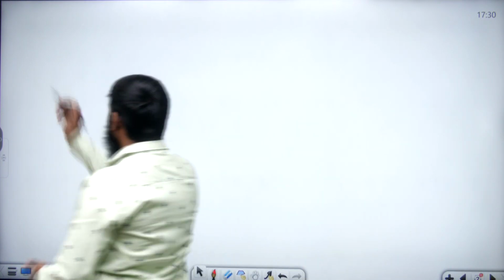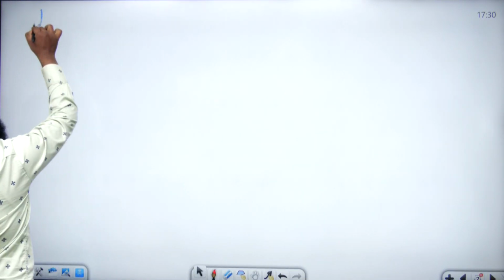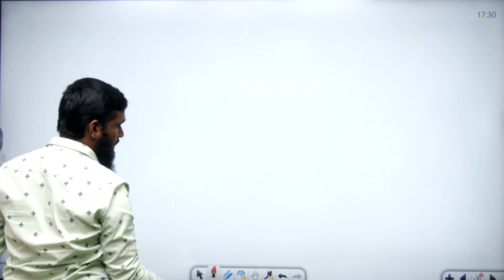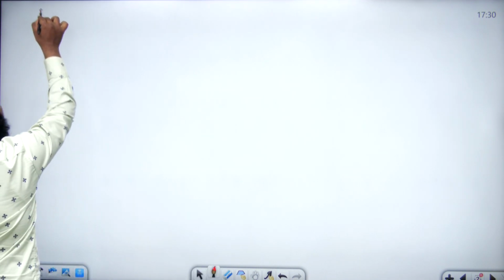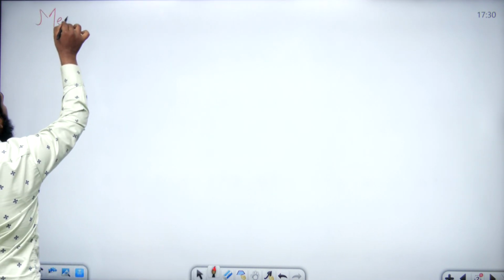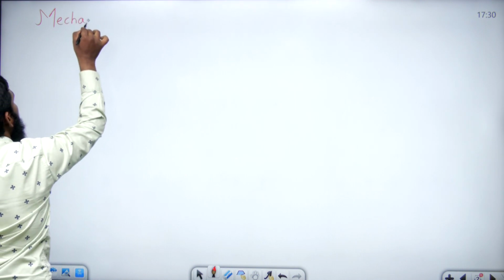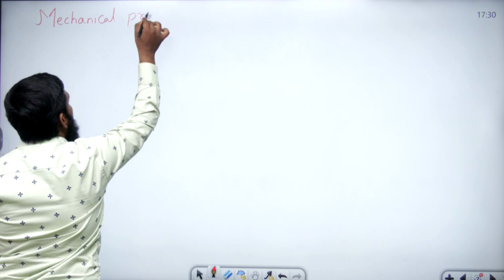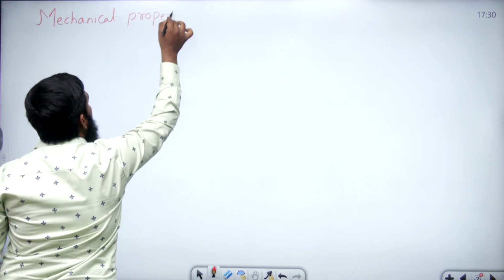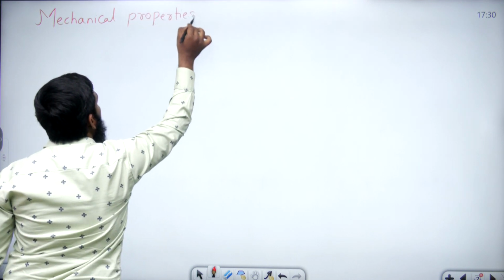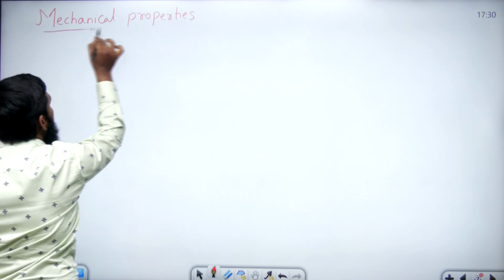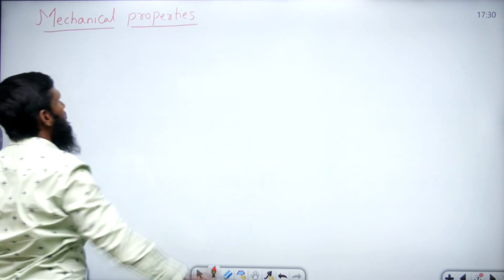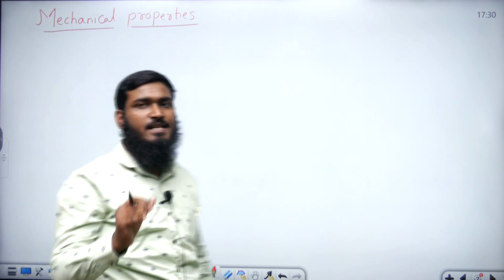So first, what we are having, mechanical properties. All these mechanical properties of a material will be coming under our first chapter, simple stresses and strains.